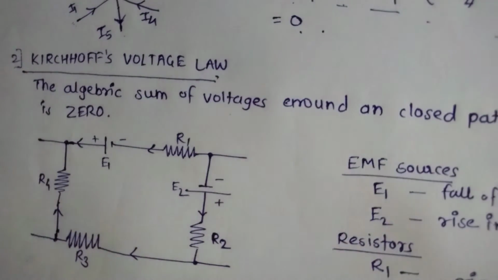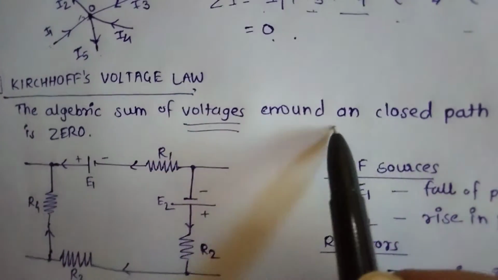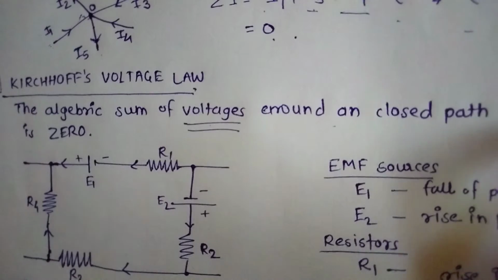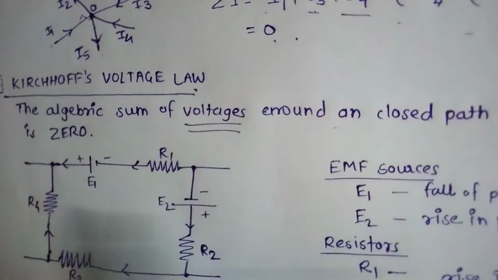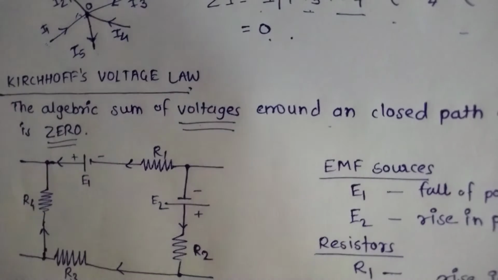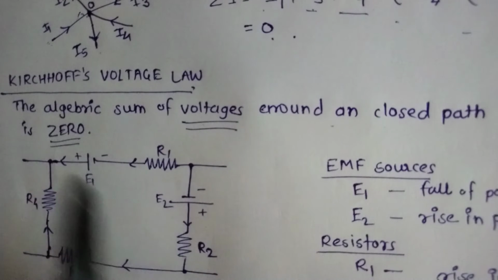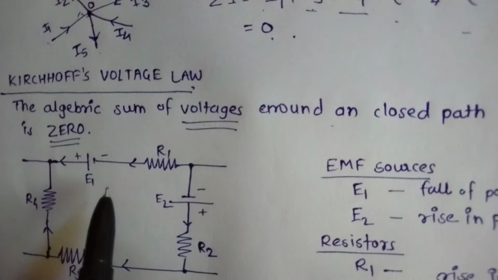Kirchhoff's voltage law says the algebraic sum of voltages around a closed path or mesh of a circuit is 0.